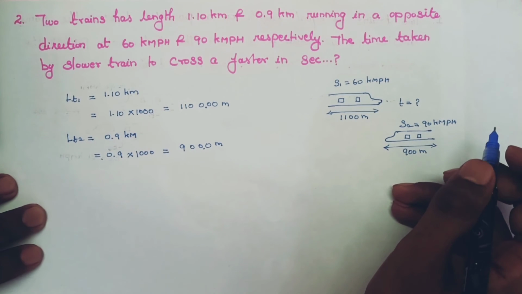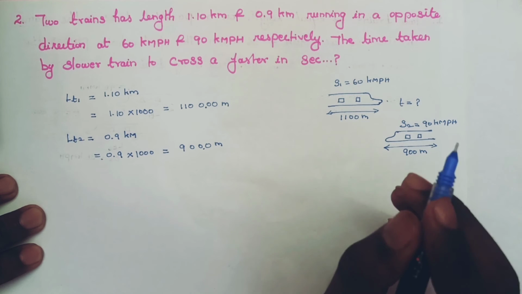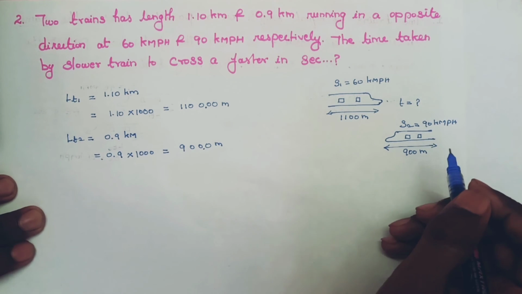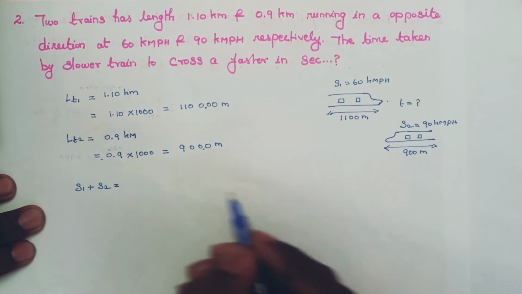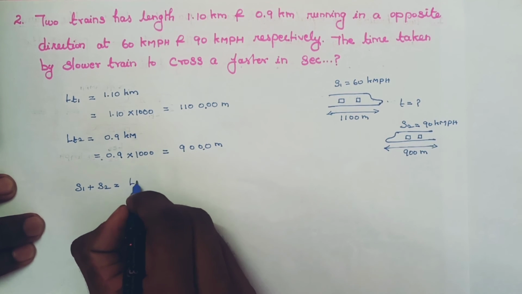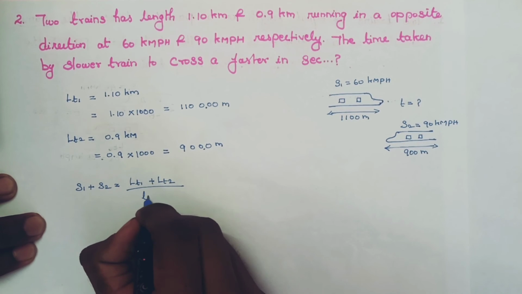What is the formula if the trains are in the opposite direction under the Theory of Relativity? Obviously we have to add both the speeds because both the trains are in the opposite direction. Distance, that is the length of train 1 plus the length of train 2, divided by time.